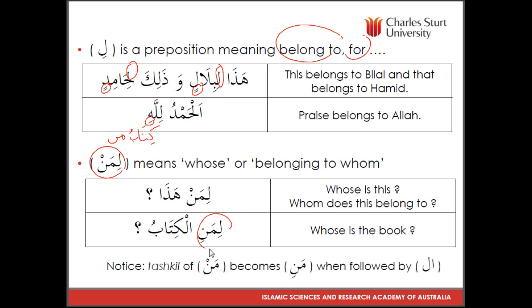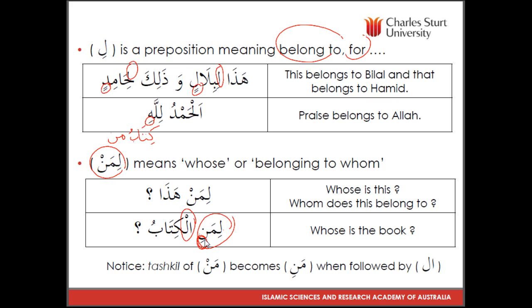This is in Arabic to make it easy. When followed by al, it becomes kasra. Liman means, that's why the ending of the noun that follows li must be kasra.